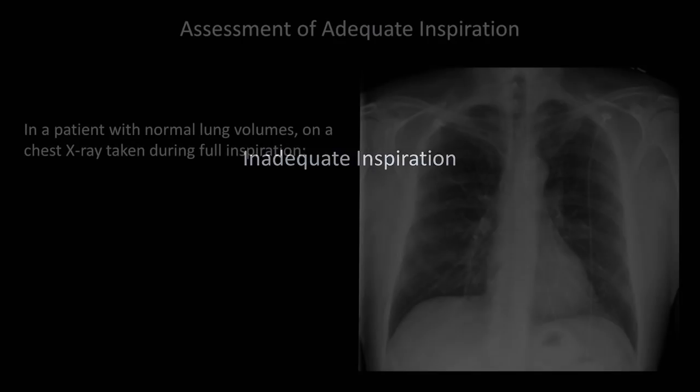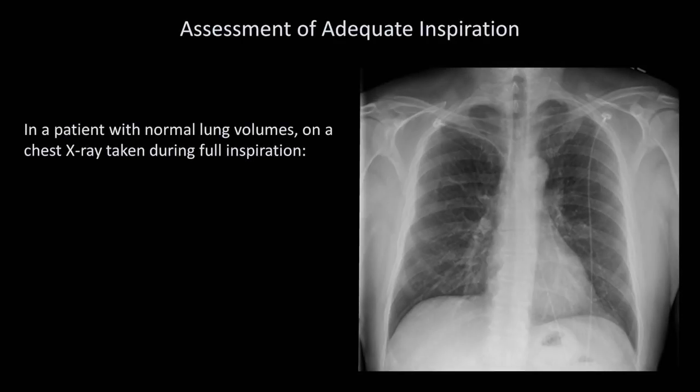The next factor that can affect technical quality is an inadequate inspiration. In a patient with normal lung volumes, on a chest X-ray taken during full inspiration, 9 to 10 posterior ribs should be visible. Let's count them in this example. Remember that the posterior ribs are the ones that are roughly horizontal and are usually easier to see.